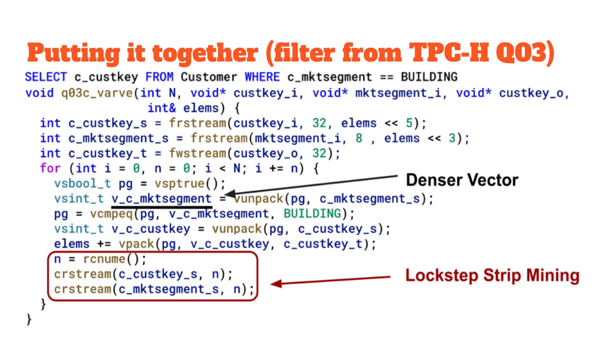And then the predicate is produced by comparing the loaded vector with the building enum before using it to gate the packing of the customer keys. The dynamic strip mining process materializes as a special instruction RCNUME reading the strip size at the end of iteration, as well as the input stream pointer increments with the strip size.